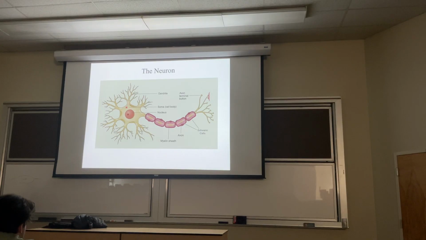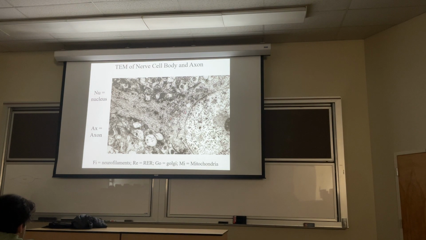This is a typical neuron with the dendrites gathering information, the cell body or soma or perikaryon, the nucleus with the nucleolus, the axon which can be myelinated as shown here or unmyelinated, and then the axon terminal or bouton. This shows the nuclear envelope of the nucleus and the nucleolus, and then processes coming off here.